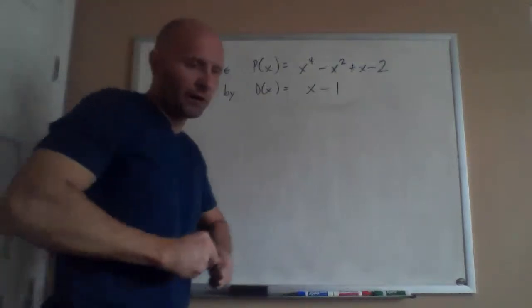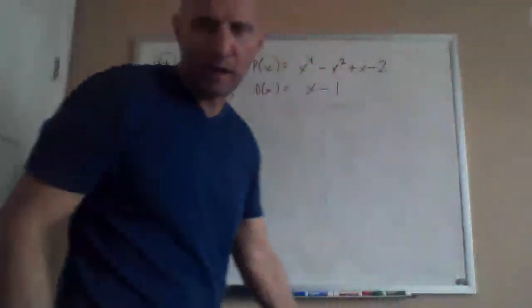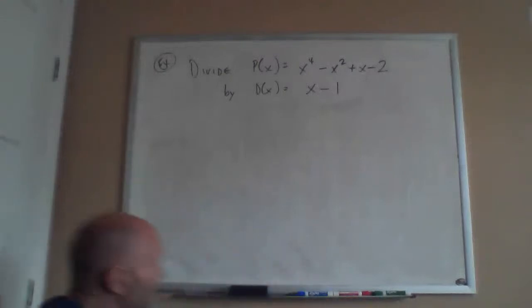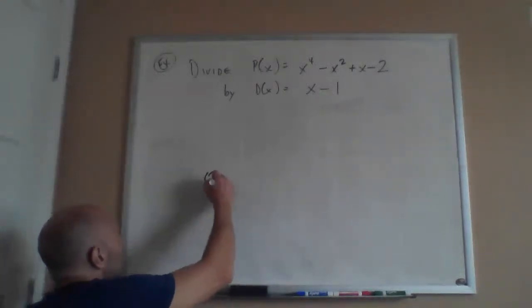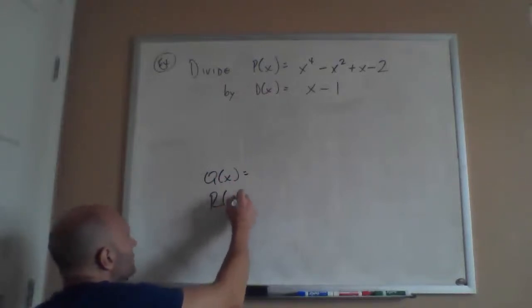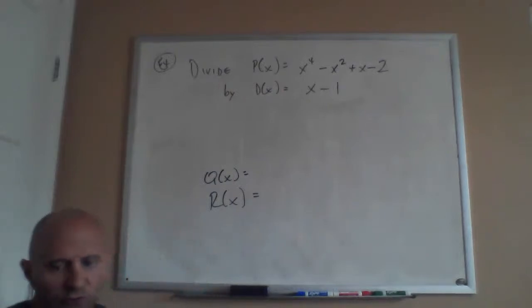I'm more concerned you know the process than having horrible numbers. So go ahead and try that. For this one, just tell me what's q of x and what's r of x. Once you get done, just type done so I know you guys have finished up, not that you're sitting there waiting on me.